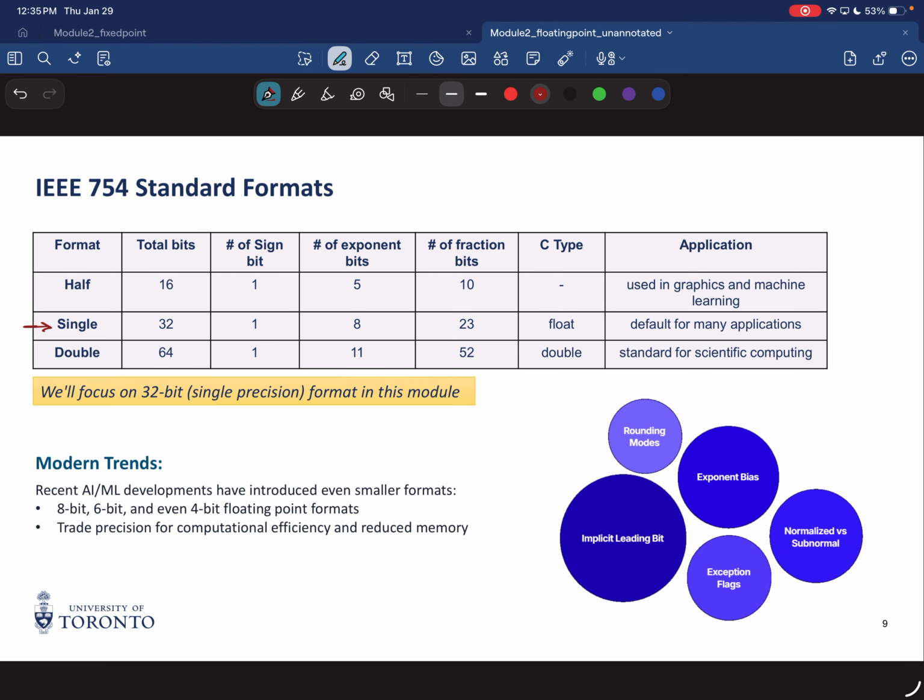Here we use the 32-bit one, so FP32 is the one we use. But you'll see at the end of this that there are some other smaller formats that recently have been used for machine learning, AI acceleration, and other stuff. They go even to 4-bit, I think. Yes, 4 bits.